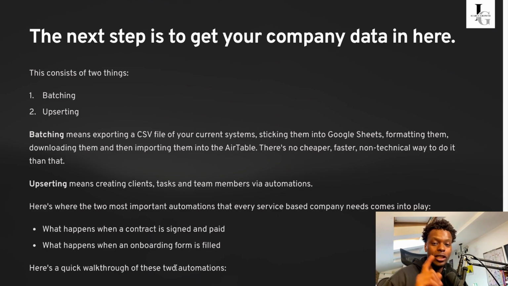So the first thing is batching, which is as simple as going into your, let's say, for example, you wanted to move your CRM into Airtable, which I actually don't recommend, because I believe CRMs that are designed as CRMs are meant to be used for the sales team, and the sales team actually shouldn't be going anywhere near Airtable. It should actually be the other way around.